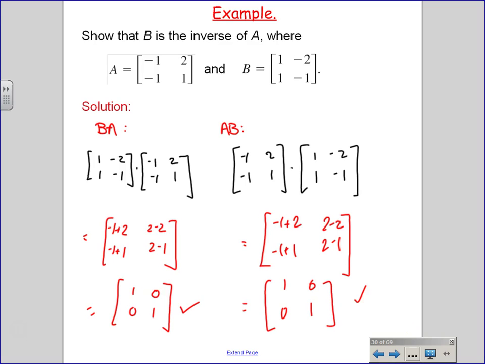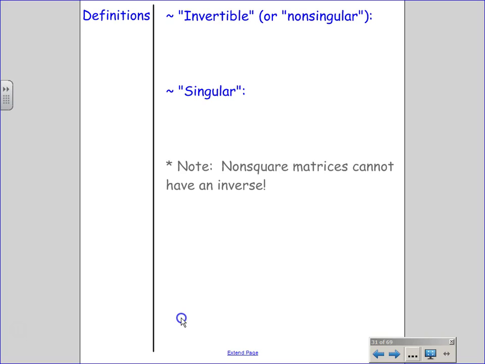This side of the room, how do we get identity? That side of the room? Identity. Sweet. Either way you went, A times B or B times A, you ended up getting the identity. Therefore, yes, they are inverses of each other. When a matrix gets undone, the identity is left. Okay, that's just how we recognize an inverse.